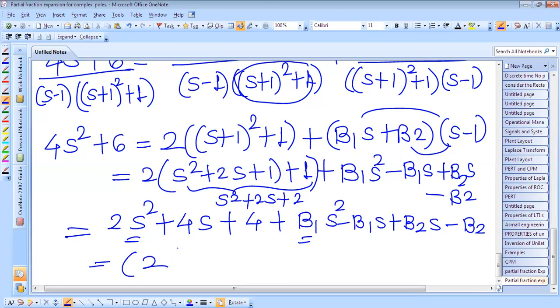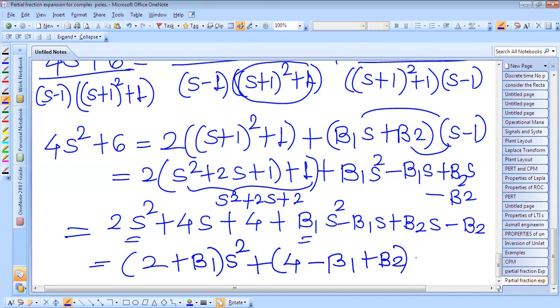So in the bracket it will remain 2 plus b1, into s square, plus s times (4 minus b1 plus b2), taking s as the common factor. And the constant terms that remain are 4 and minus b2.